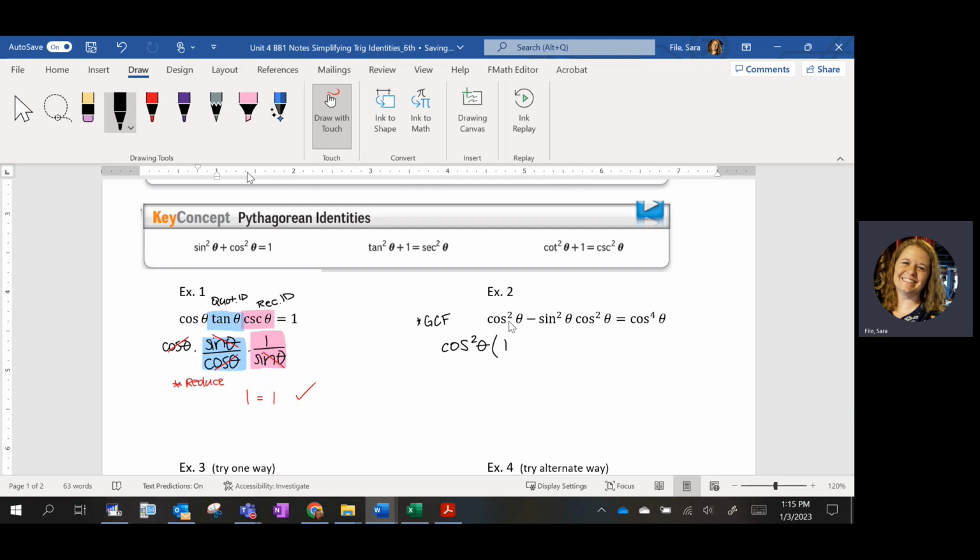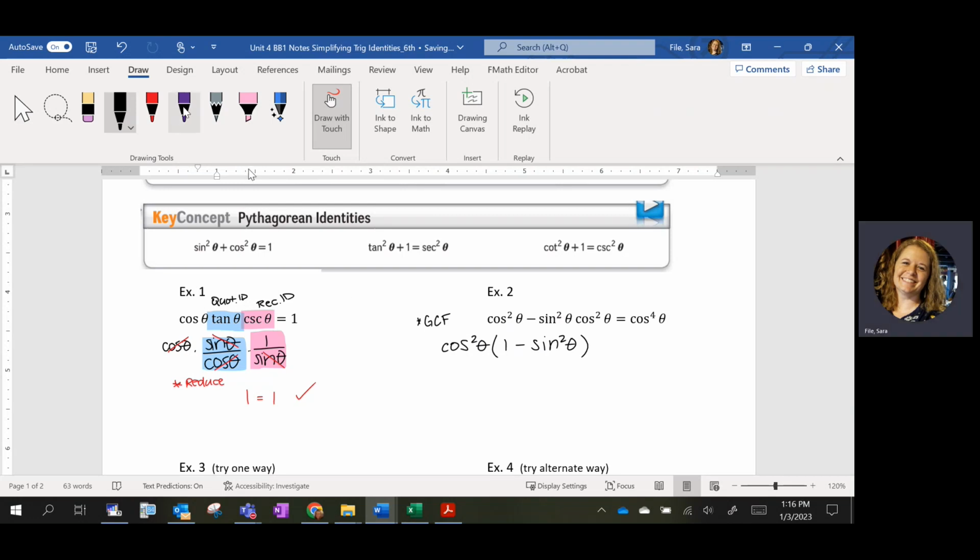If I take cosine squared and I divide by cosine squared, it's not 0. It's not gone. It just reduces to a 1. So you cannot forget that 1. So it's 1 in place of this minus, and then here the cosine squared divided by the cosine squared reduces to a 1, but it's being multiplied by sine squared. So 1 minus sine squared is what's left.